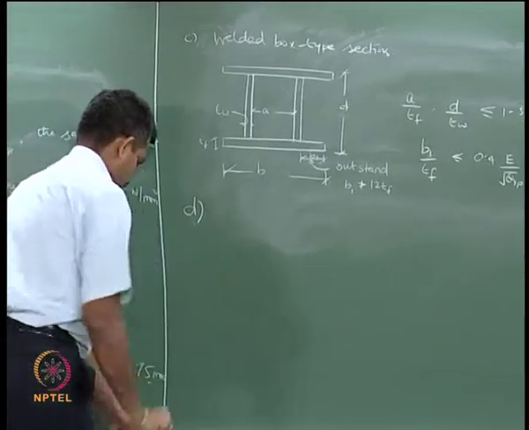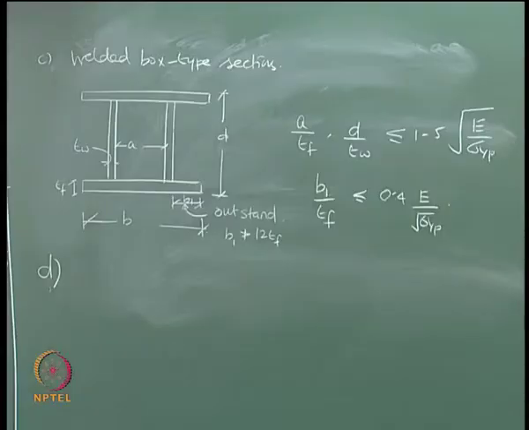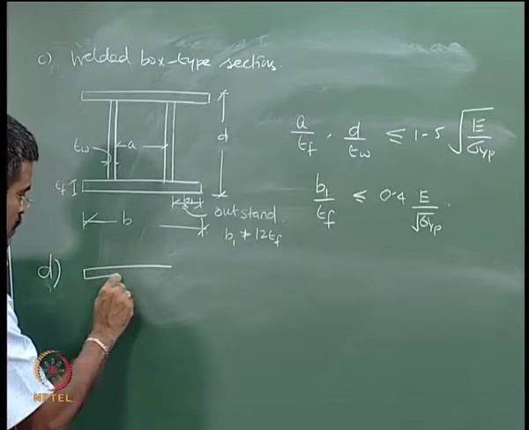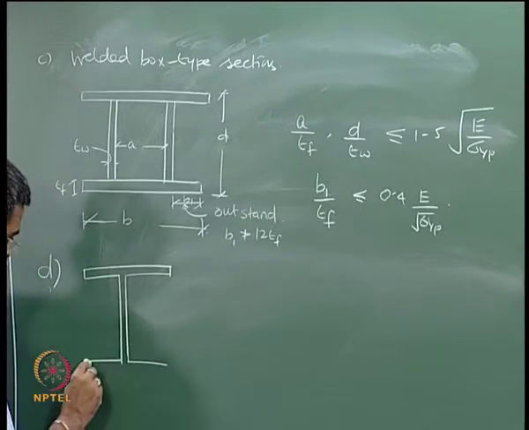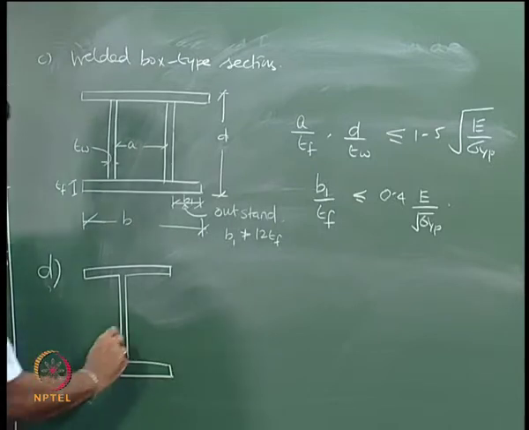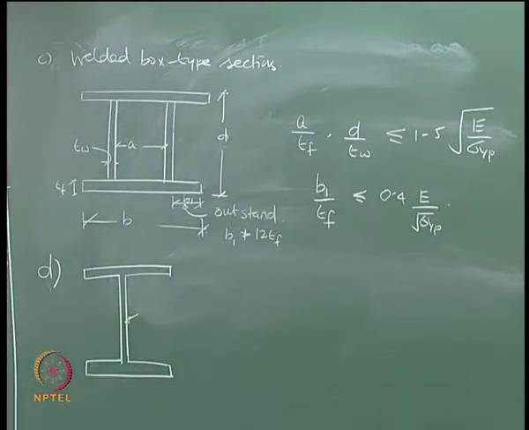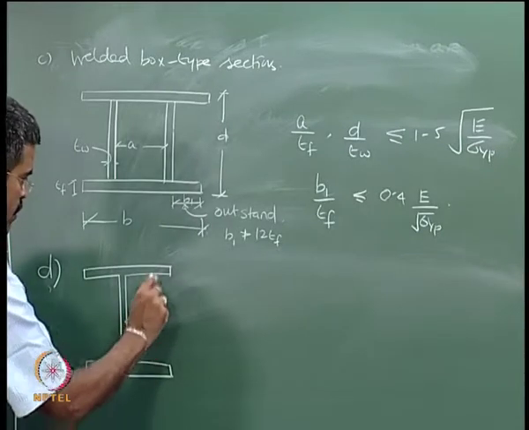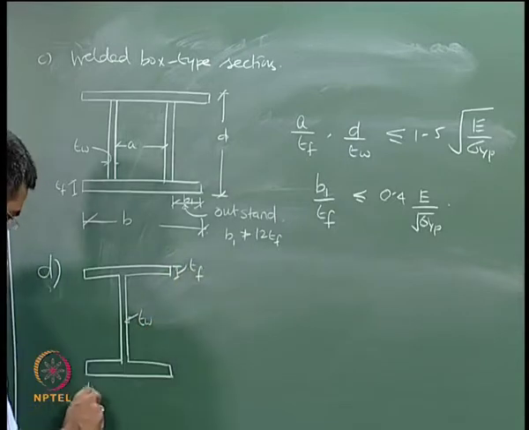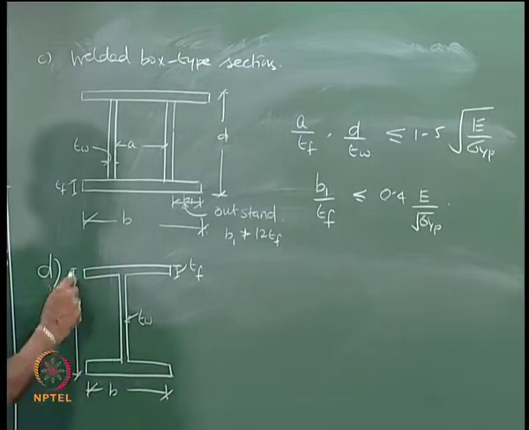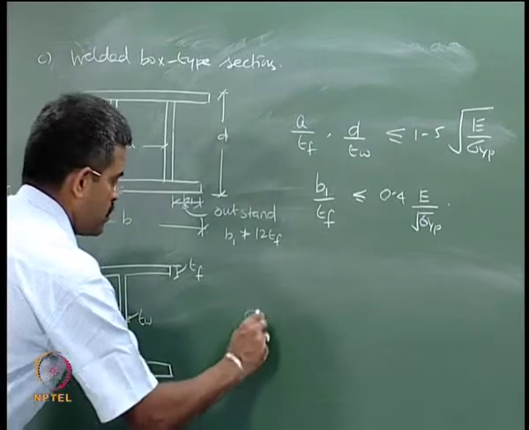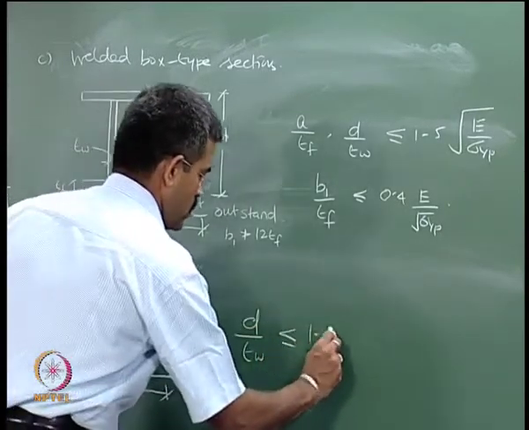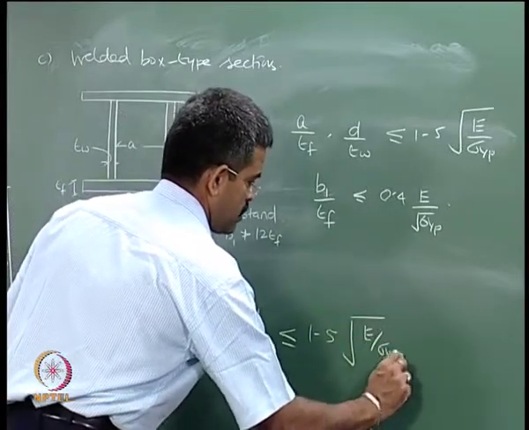Now, for standard I sections, where we have the thickness of the web, the thickness of the flange, the breadth and the depth, the condition for the section to remain compact is d by Tw should be less than or equal to 1.5 times E by sigma yp.